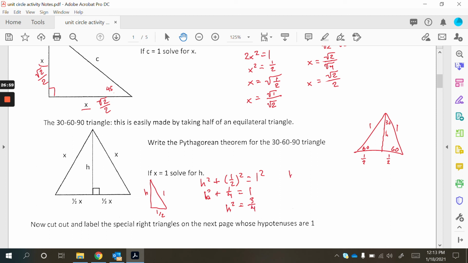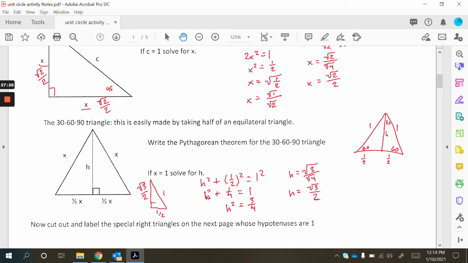We'll take the square root of both sides. So square root 3 over square root 4, and we end up with square root 3 over 2. So remember, that's just the h that we had right there. So square root 3 over 2.